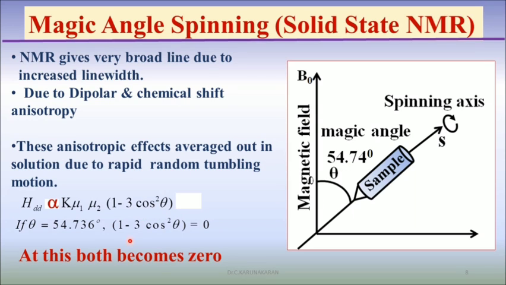When theta equals 54.74 degrees, these two effects become zero. Therefore, the lines are narrowed, with lower line width. The spectrum is well resolved at this magic angle spinning of the sample.